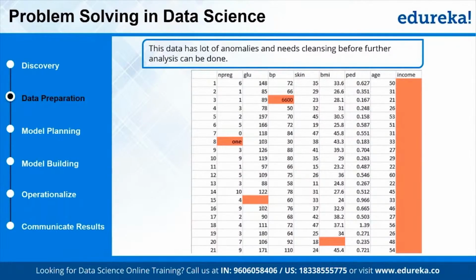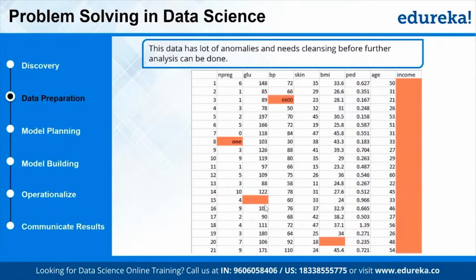There are different ways: some would take the mean of all the values and put it here, someone would take the median of all the values and put it here. Now, this is your job as a data scientist to check if you are getting the proper result with mean or with median.